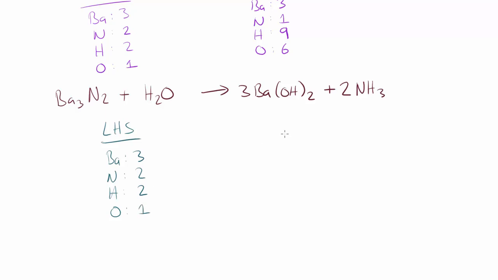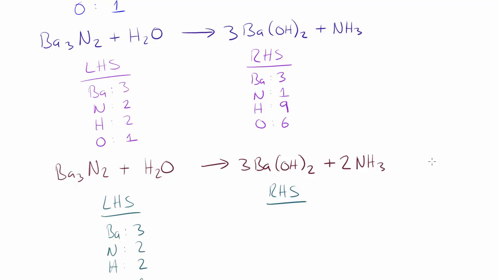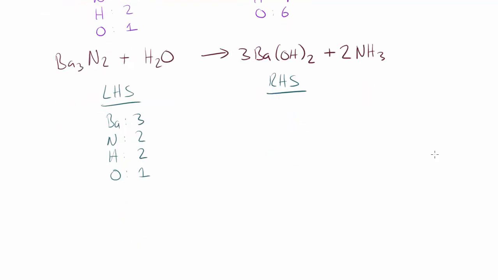Okay. Now on the right-hand side, this is where we did make an adjustment. We didn't adjust anything concerning the barium hydroxide. We had a 3 before, we've got 3 now, so the actual count for barium, as reflected in the equation itself, remains the same.